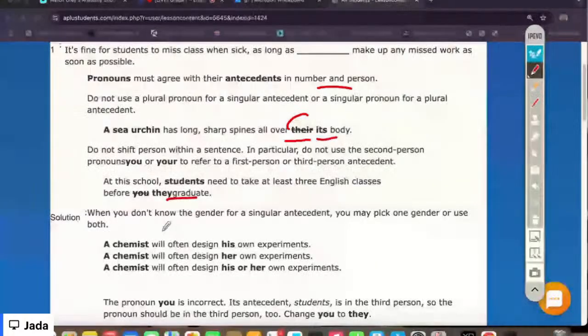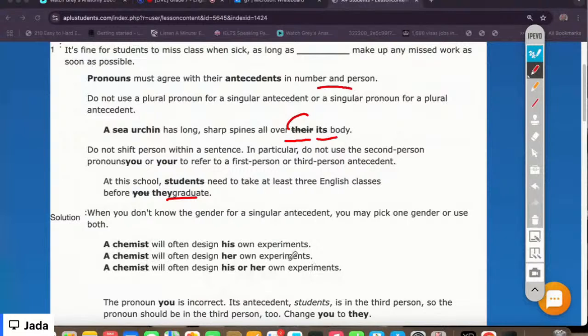Okay, so when you don't know the gender of a singular antecedent, you may pick one gender or use both. So let's say that you don't know, you can pick one of the genders and use it, or you can use two of the genders. That's why sometimes we have a chemist who often designs his or her own experiments.